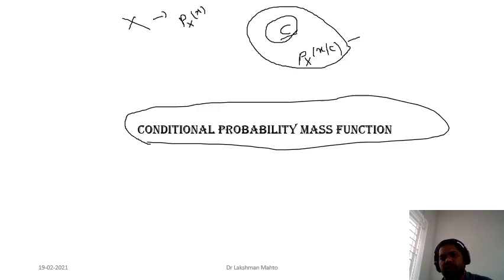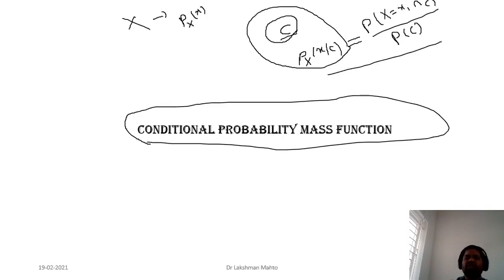It is defined in terms of conditional probability: the joint probability that X equals small x and C is also happening, the intersection, divided by the probability of C. Because your new sample space would now be C, since you have information about C, it comes directly from the definition of conditional probability. So that is the new way to define the conditional probability mass function.